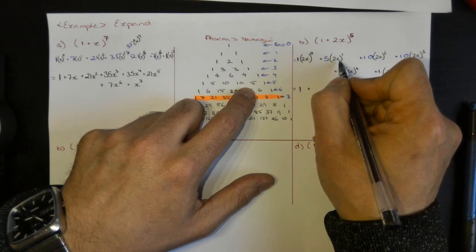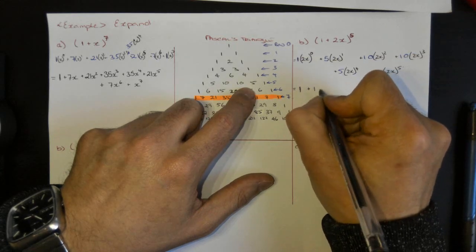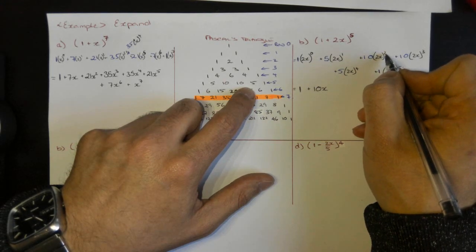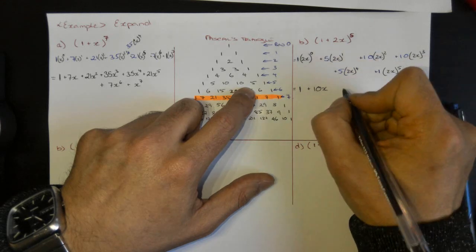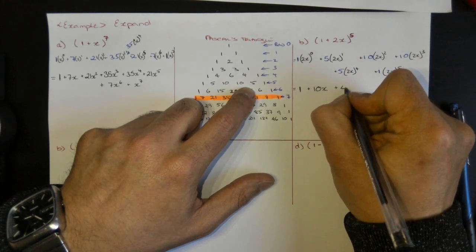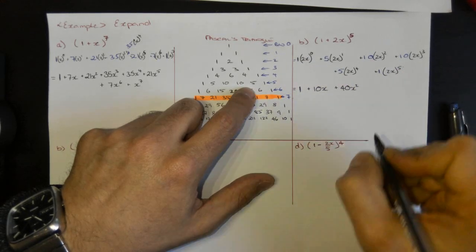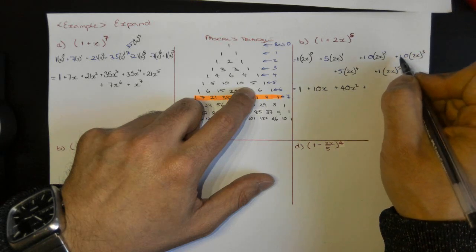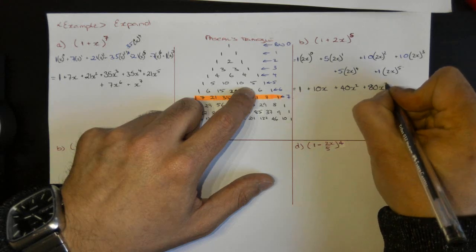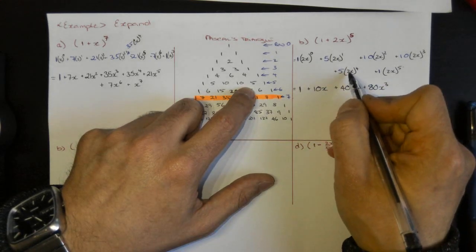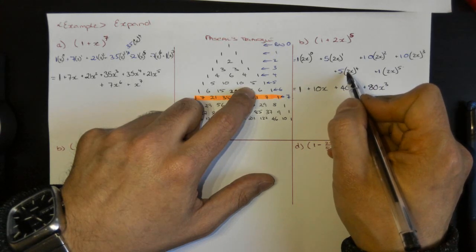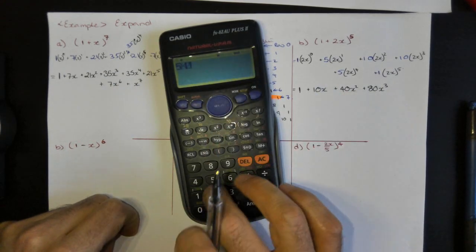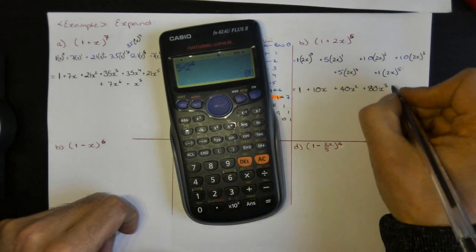2x to the power of 1 just becomes 2x, so 2x times 5 becomes 10x. 2x to the power of 2 becomes 4x squared, so 4 times 10 is 40x squared. 2 to the power of 3 is 8, so 8x cubed, and 8 times 10 is 80. 2 to the power of 4 becomes 16, and 16 times 5 is another 80.